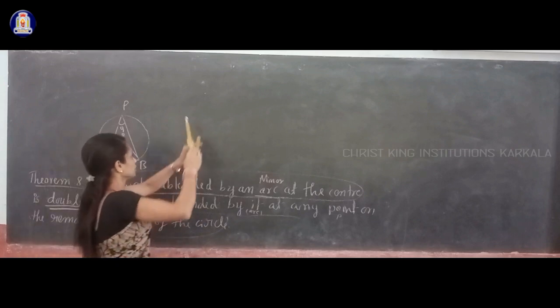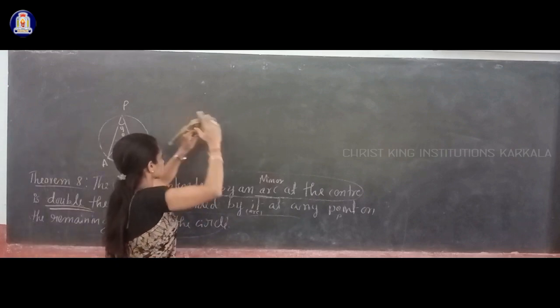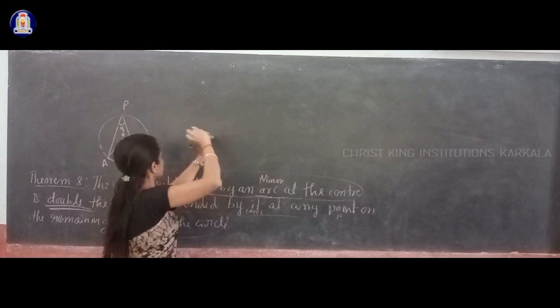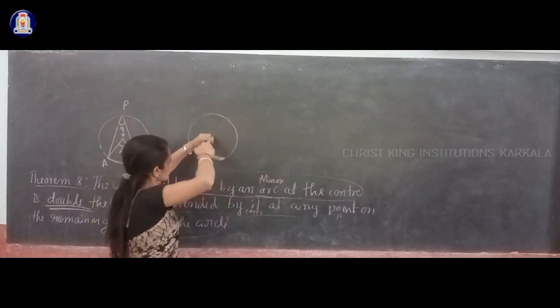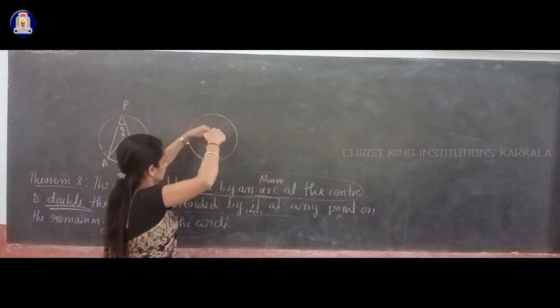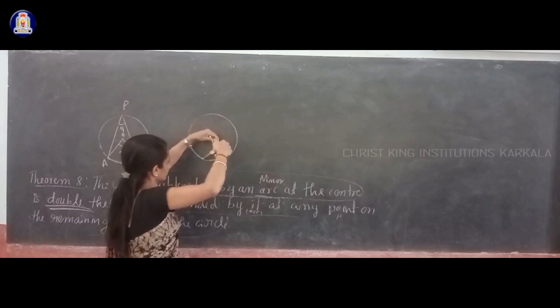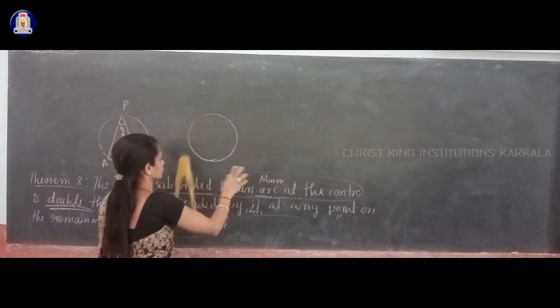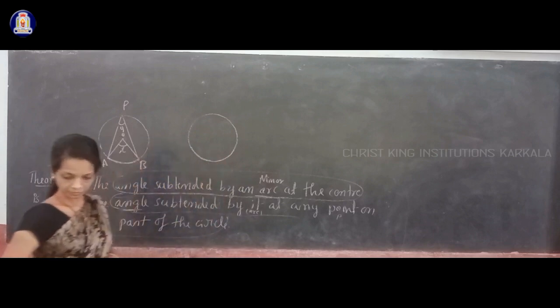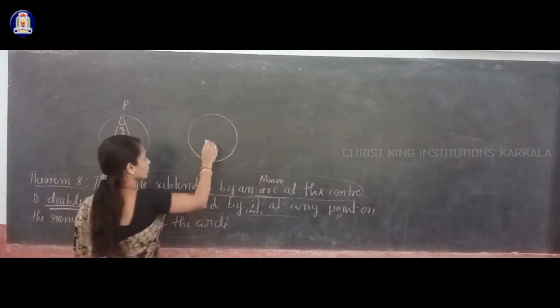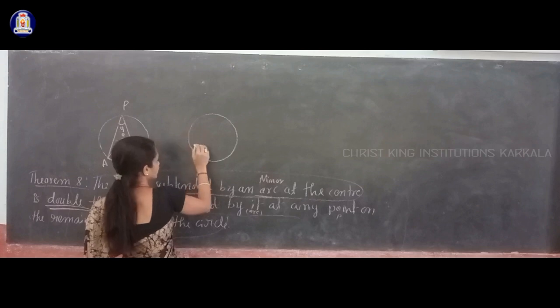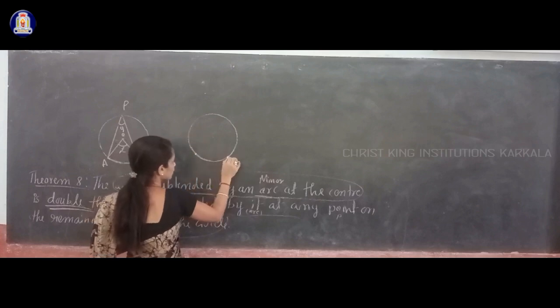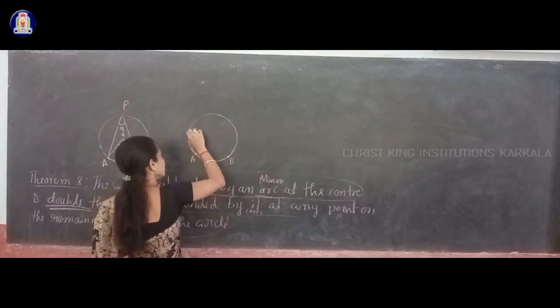Suppose you have a major arc. Now, this lower side is the minor arc, and now I will take a major arc.